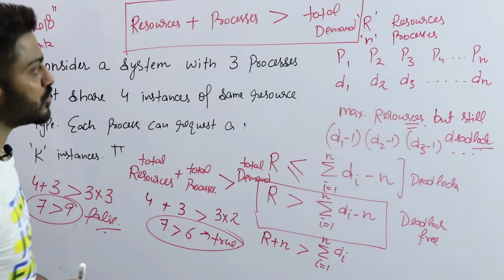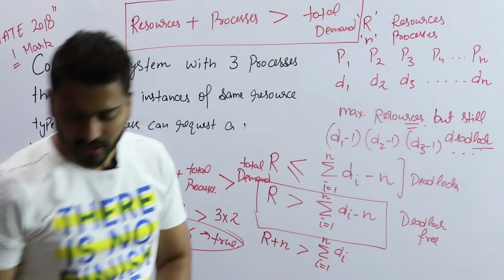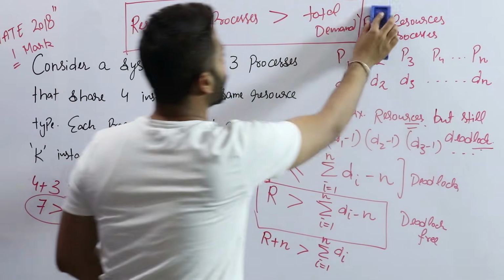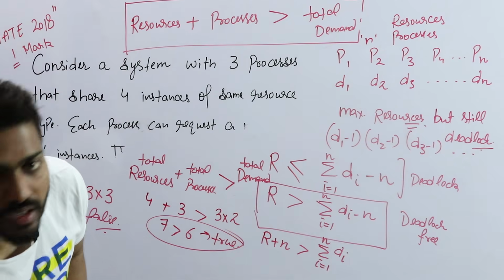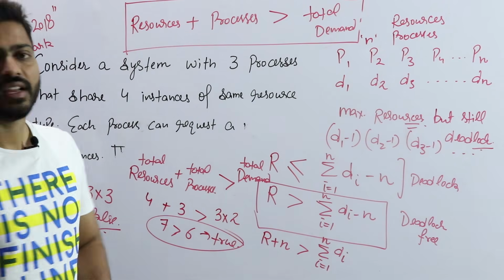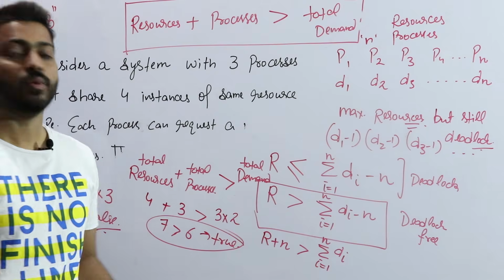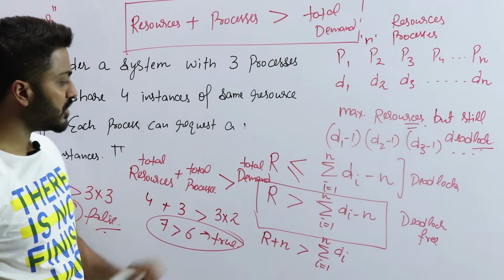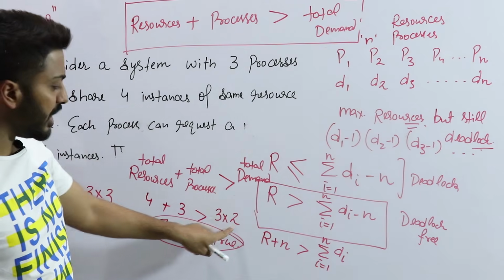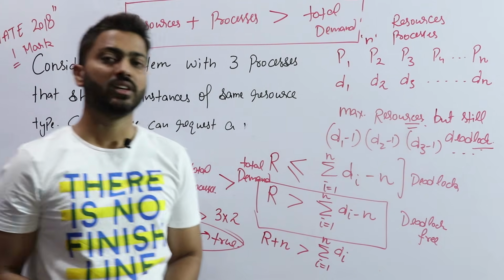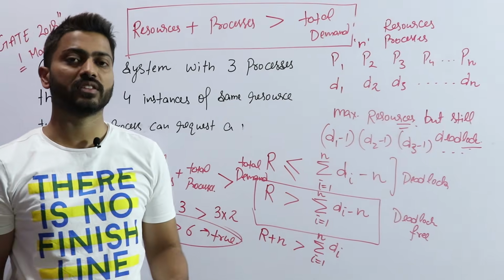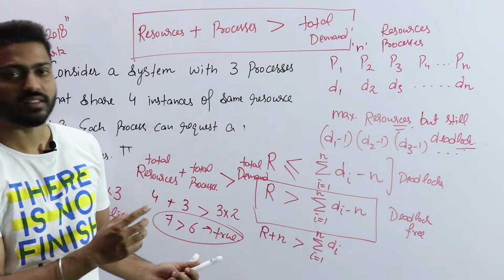We have seen how to derive this formula, and you don't need to derive it again and again in the exam. You just remember this formula and apply it according to the question. So according to this question, the answer is 2. This is how we have to solve questions like GATE and other competitive exams, if the question is asked like that.